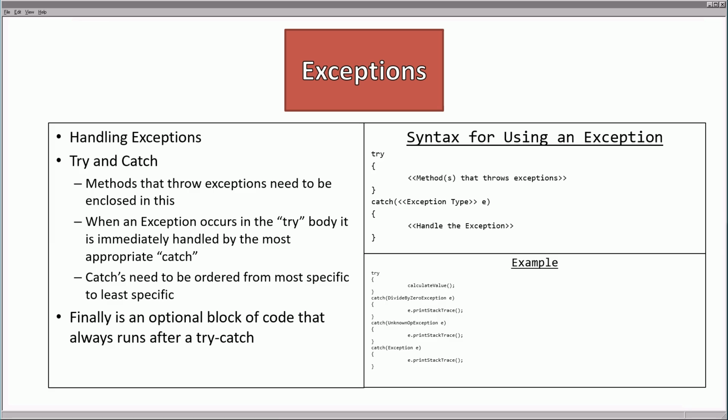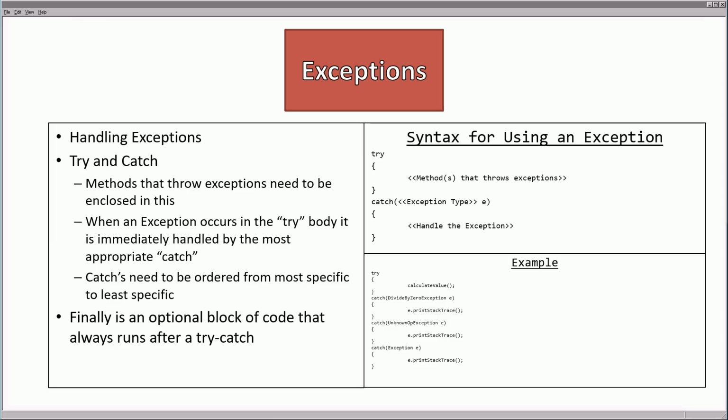Whenever an exception occurs inside of that try block, inside the body of the try, then what happens is it is immediately caught by the most appropriate exception. You can have any number of catches, and the way that you need to organize them is from the most specific exception first, and then the least specific exception last.